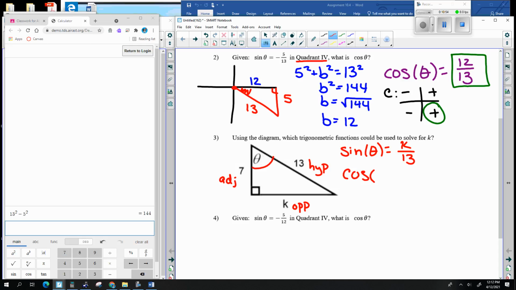Cosine would be the adjacent over the hypotenuse. And the tangent would be the opposite over the adjacent. So which ones would have the ability to solve for k? Any ones that literally have k in it?